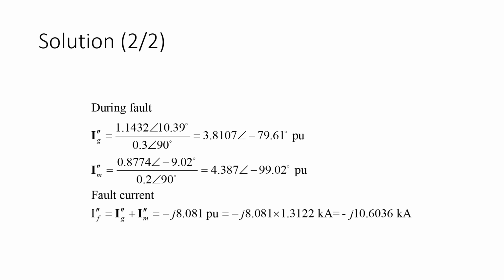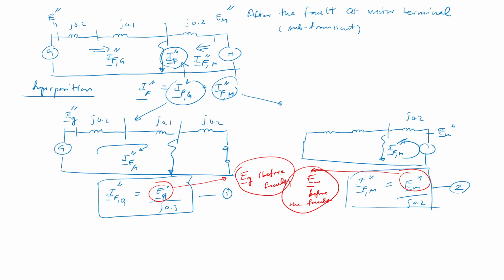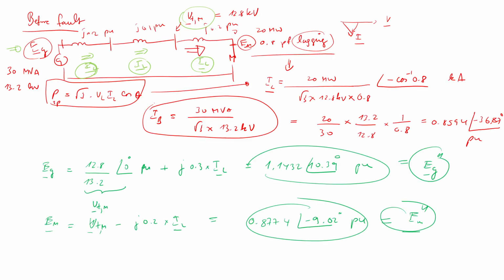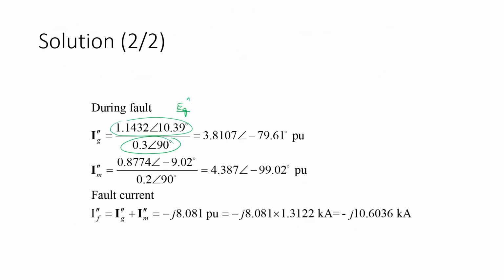So you put the value over here, right? This is the EG double prime divided by the sum of all reactances associated with this picture, okay. And this is the IG double prime, IM double prime. So the sum of this is negative j8.081 per unit, right?